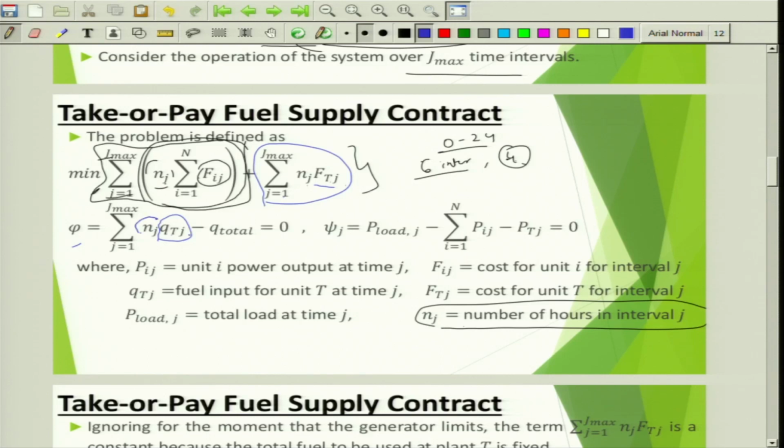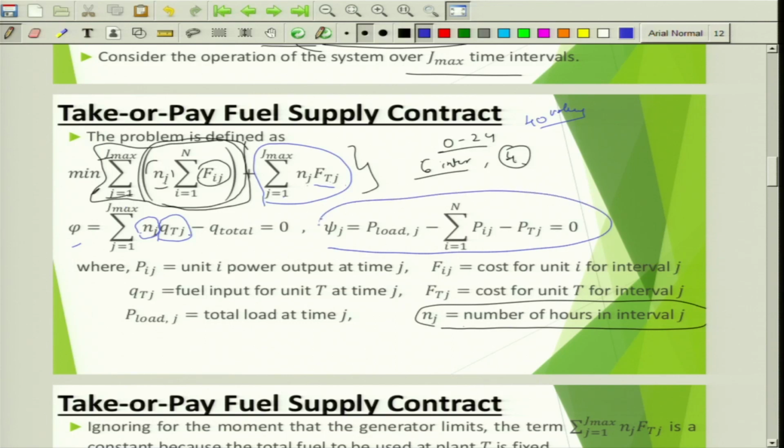Now for the total duration Nj, J is equal to 1 to J max Nj, that means that 24 hours, the total fuel consumption should not exceed a specific amount. Let us say 40, I have an agreement of 40 volumes of fuel, some unit. So I should not exceed that amount of fuel consumption, and there is also a bare minimum amount that I am also taking from them, for which I am paying a bare minimum price, right.